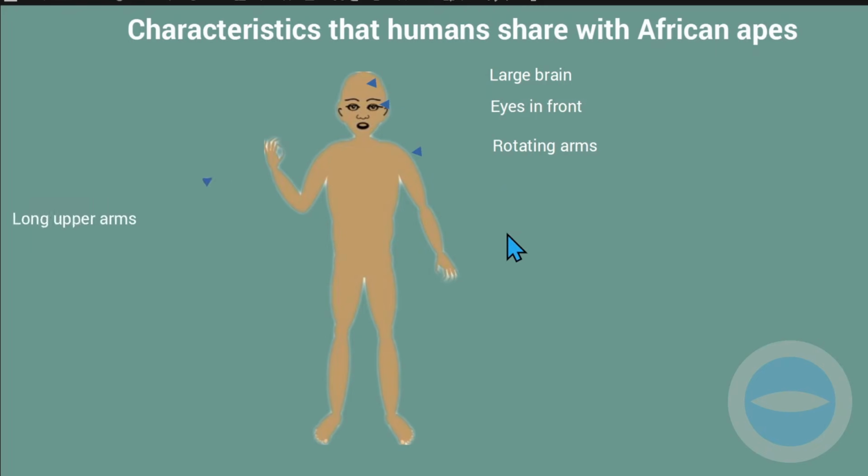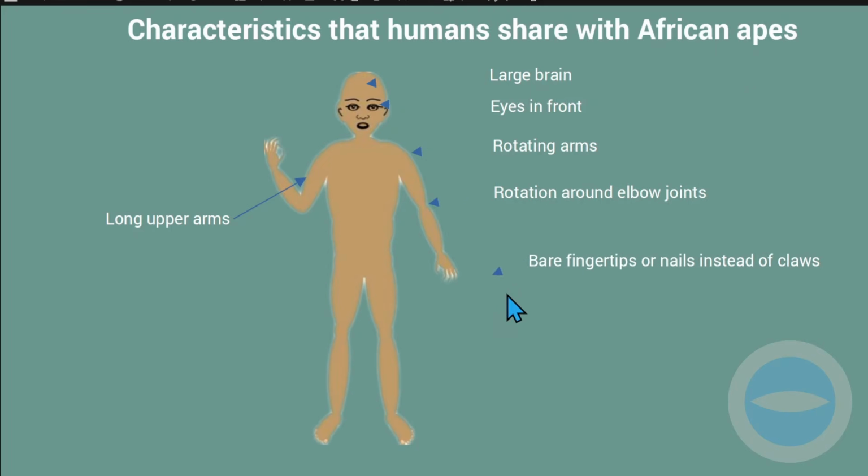And they have long upper arms, so these arms are not short, rotating around the elbow joints. At the elbow, our arms or hands can rotate. Also with the African apes, their hands do rotate.